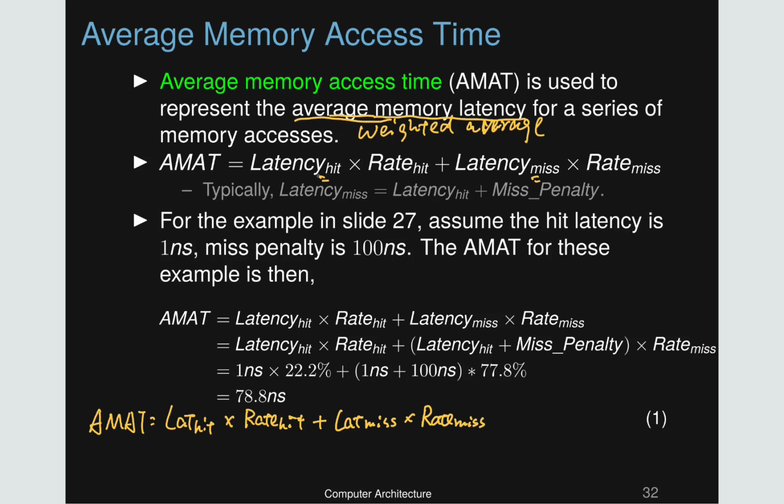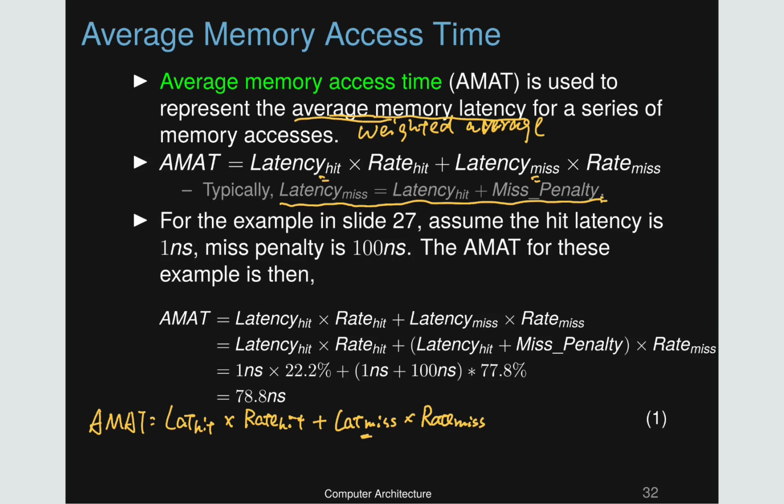And because we know that actual miss latency is effectively the sum of the hit latency plus the miss penalty, we can replace the miss latency with this equation. If you don't remember how we derive this equation, you can go back and check the previous lectures on the cache latency and on the cache hit time and the miss time.